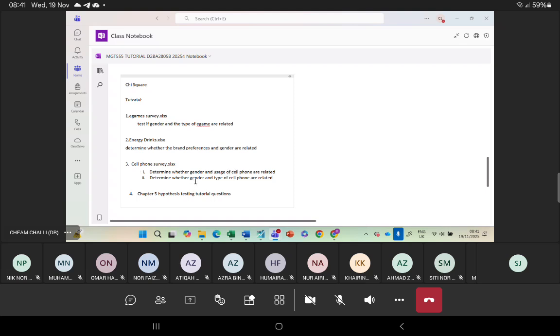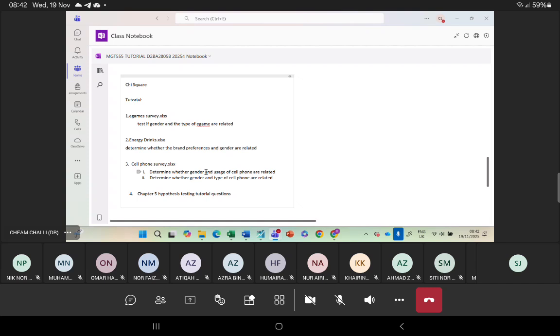And then the second one is gender and the type of cell phones are related. So type of cell phone usage tu maksudnya berapa lama dia gunakan. And then the type of the cell phone, apa jenis, whether it is high end atau low end, for example, right? Yeah. And you'll find that all this data is in category form.